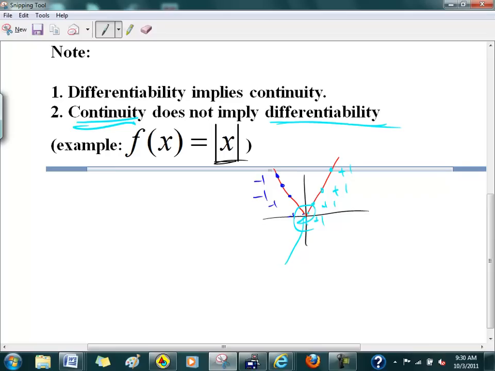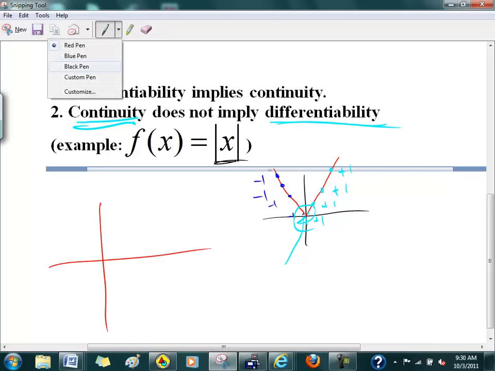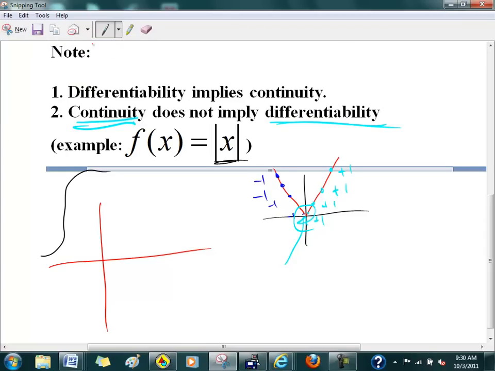I'll show you another example. Is this a continuous function? Did I not draw it without lifting my pen? It is continuous. Can I draw a tangent at this point? Does it have a slope?